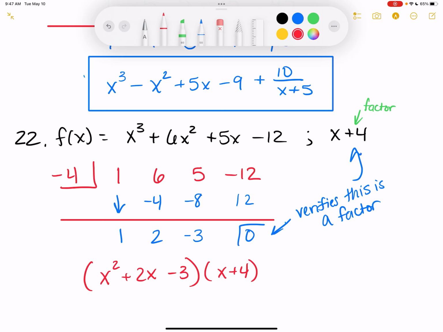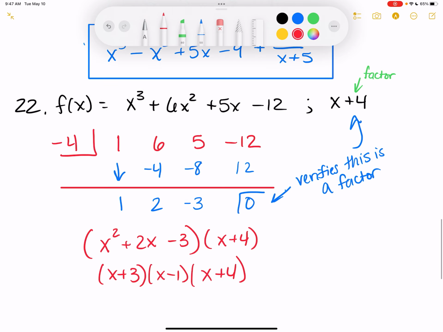What does this factor into? Negative 1 and 3. Okay, so x plus 3, x minus 1, x plus 4.